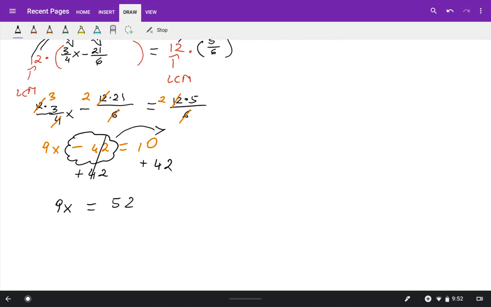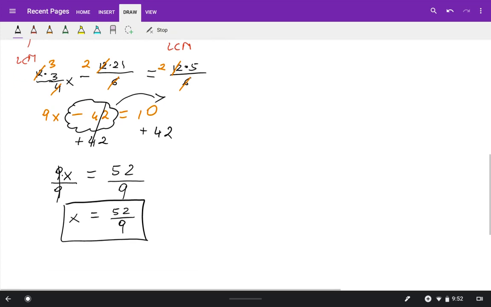The last step is to solve for x. The opposite of multiplication is division, so we divide both sides by 9, and we have x equals 52 over 9. I'm going to keep that solution as an improper fraction.